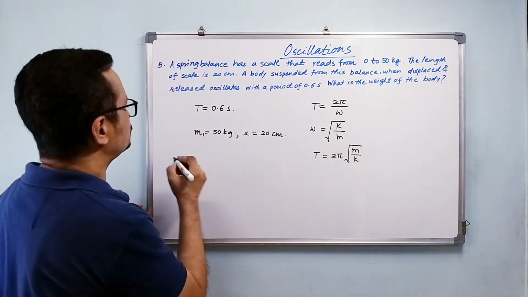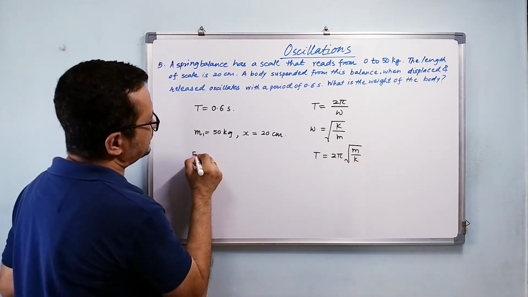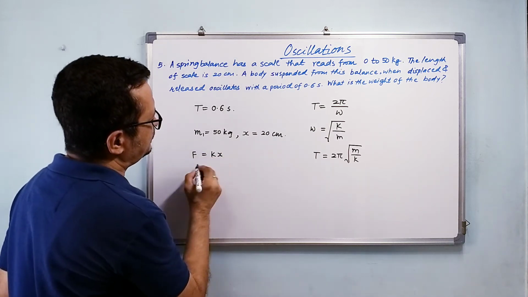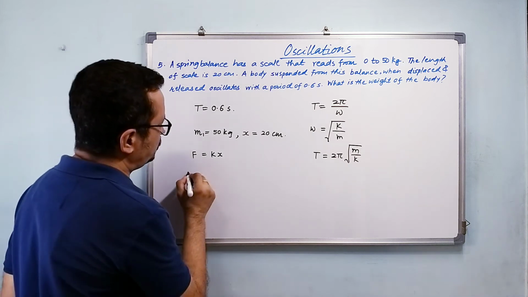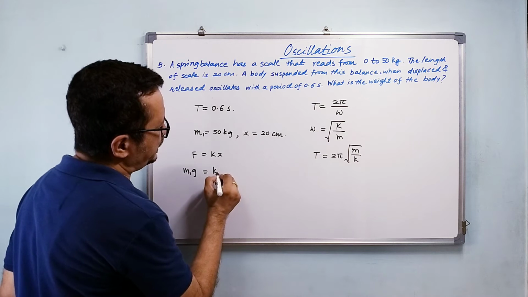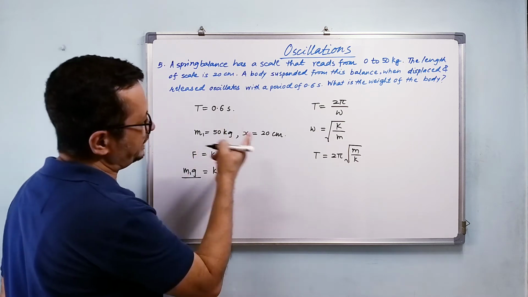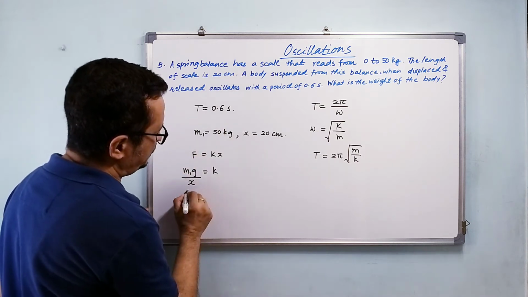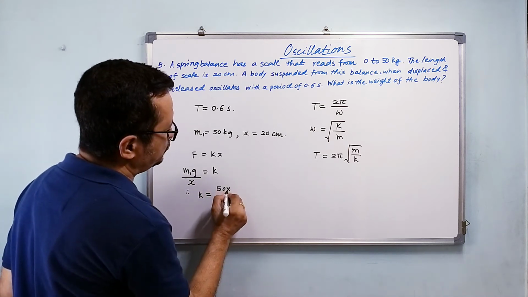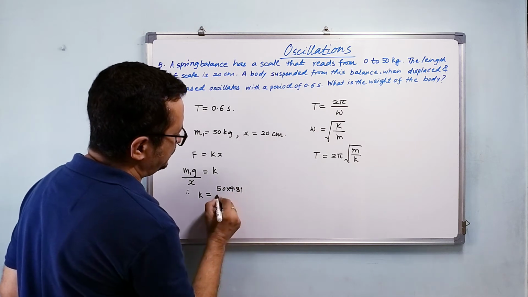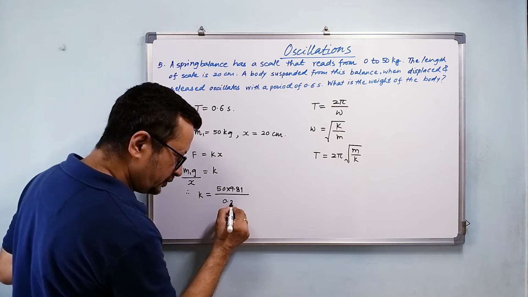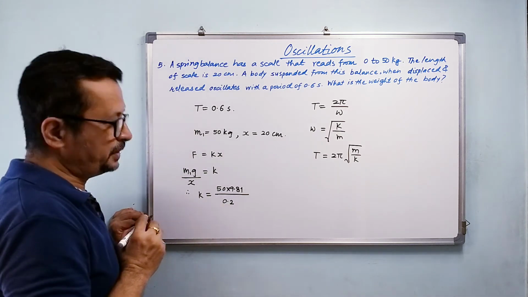Okay, so let us do that. F is equal to minus kx, but then I'll write kx. F, that is equal to m1g, is going to be equal to k into x. So that x I'll take on this side. Therefore my k is equal to 50 into 9.81 divided by 20 centimeter, that would be 0.2 meter.